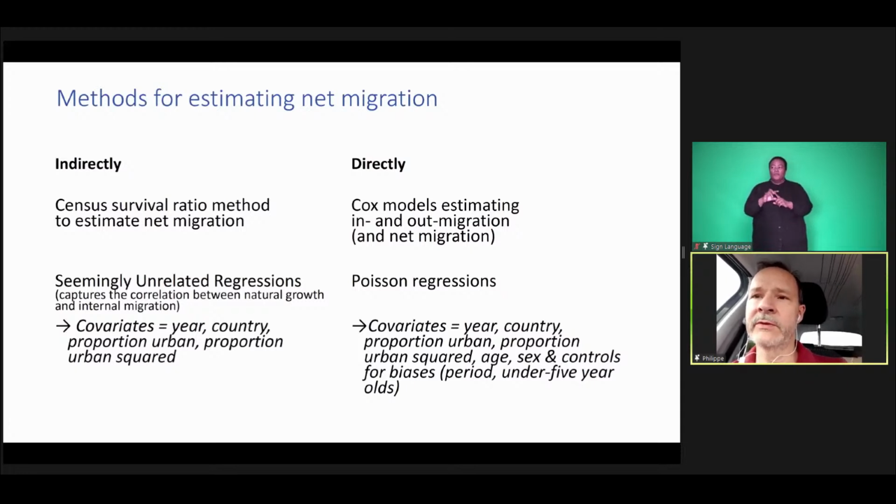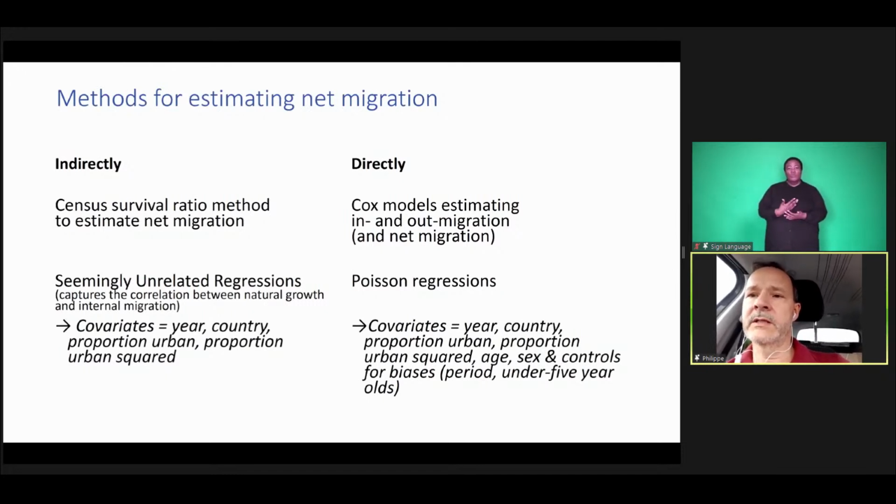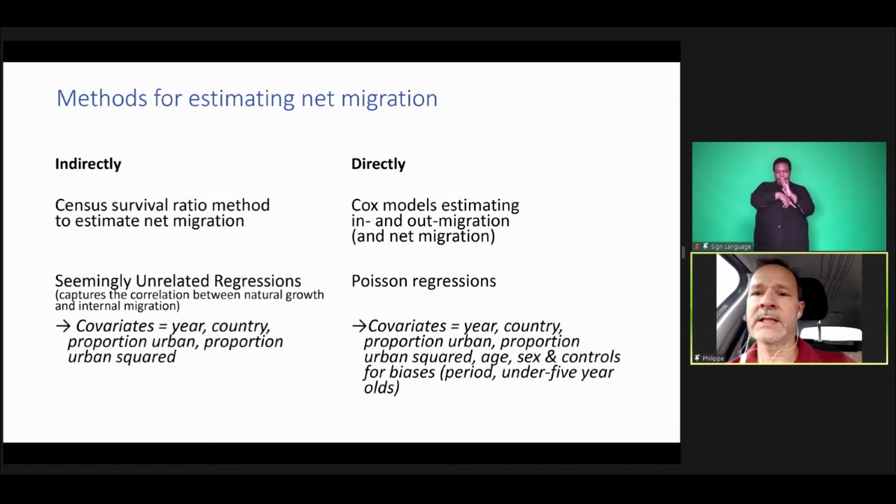For the direct method, we use slightly more sophisticated models, and considering that we also have more data, we can also control for age, sex, and some biases. I won't go into the details here.